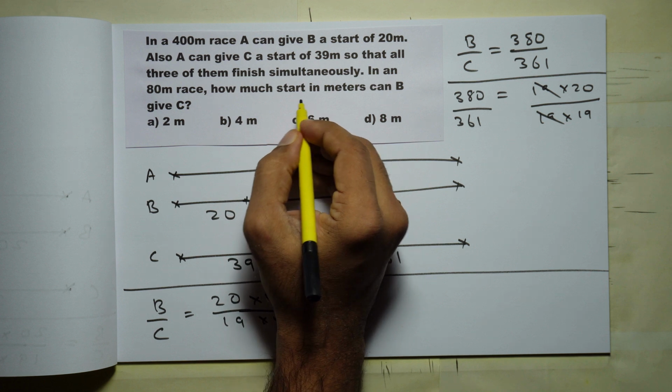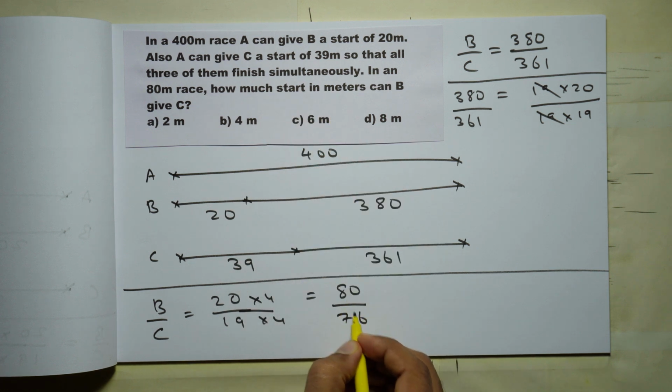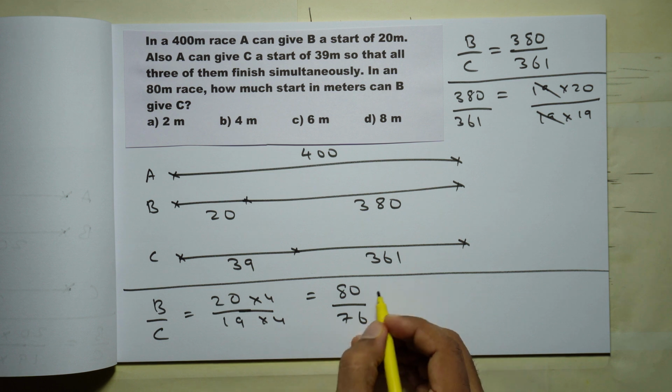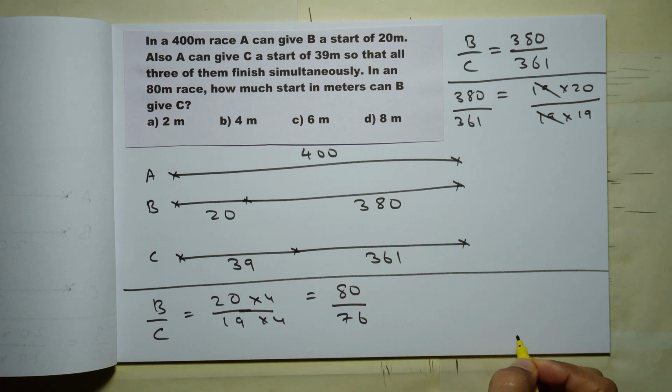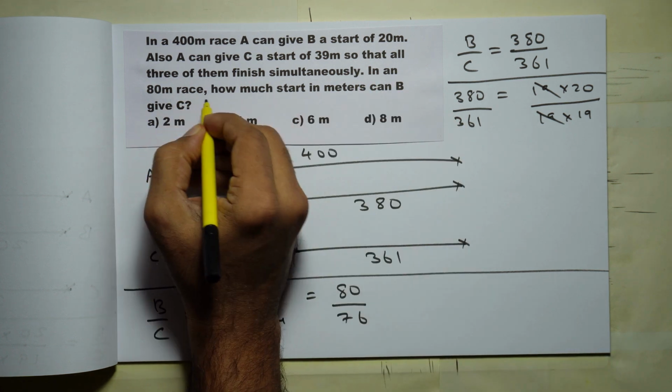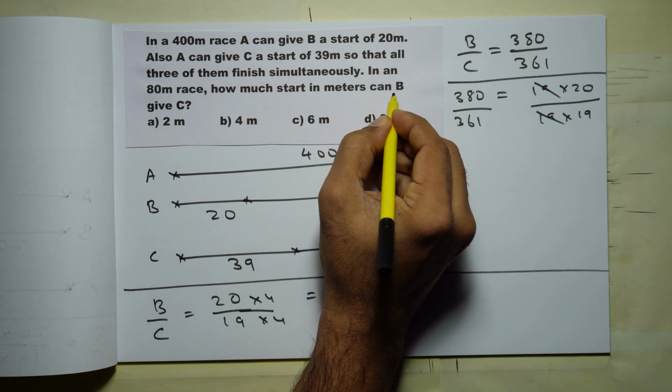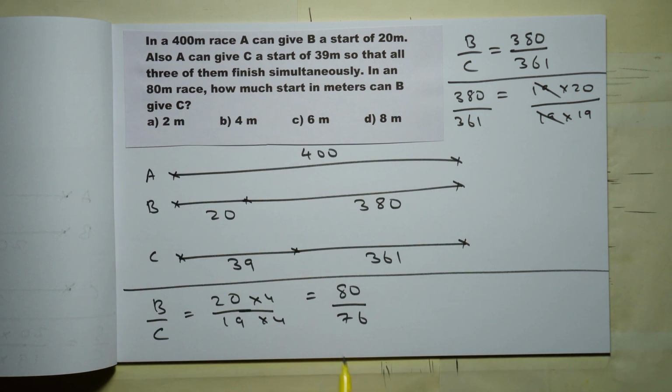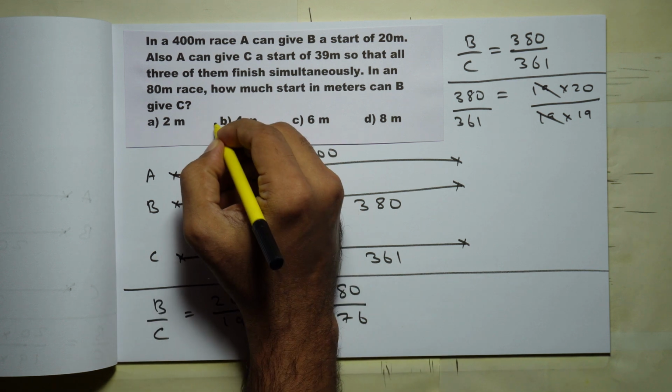So if they have to finish simultaneously, B should initially allow C to run for 4 meters. And when C does the remaining 76 meters, in that much time, B will do the full 80 and they will finish simultaneously. So in an 80-meter race, how much start in meters can B give C? That is, B can allow C to run for 4 meters. So option B, 4 meters.